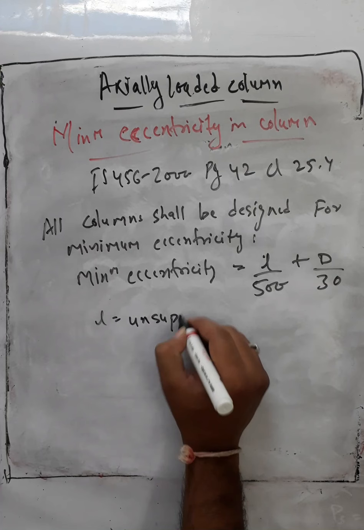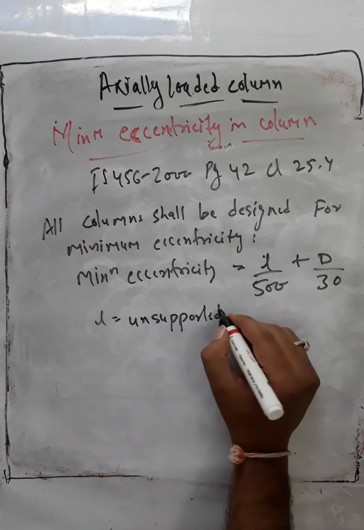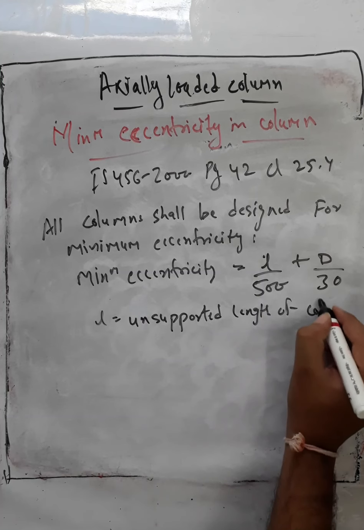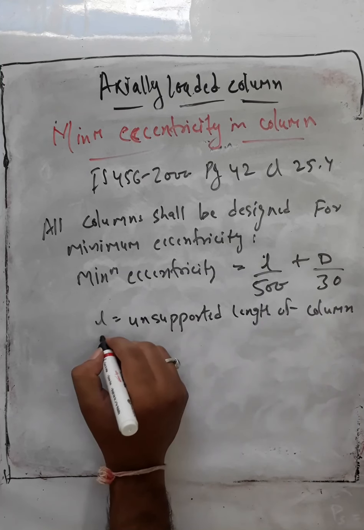Okay, so L is the unsupported length of column and D is the lateral dimension.